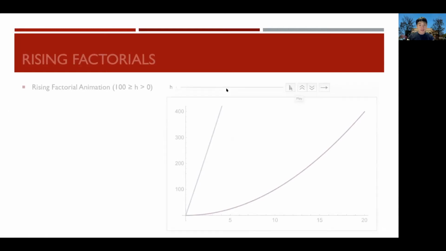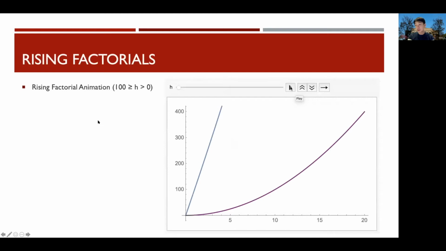We'll also see that same phenomenon in future animations, where as h approaches 0, the discrete functions become very close to the continuous functions.